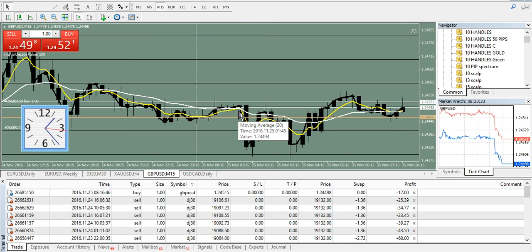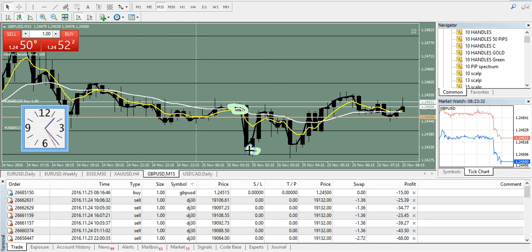Almost perfect entry here, but I mean, pip-wise, who made more money? The guy that sold here and got out here, or the guy that bought here and then resold here or got out here? So this is a bigger pip move than this move.